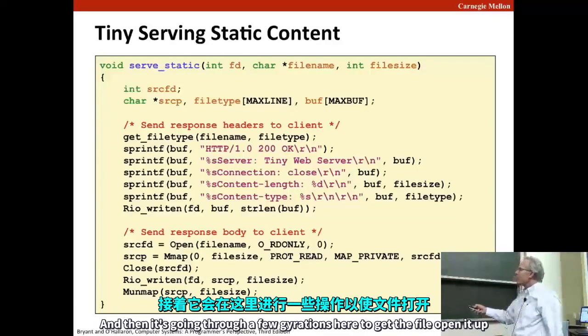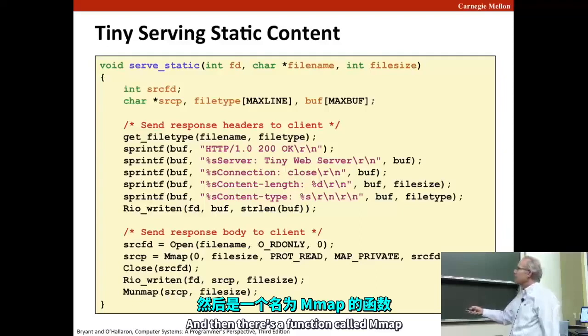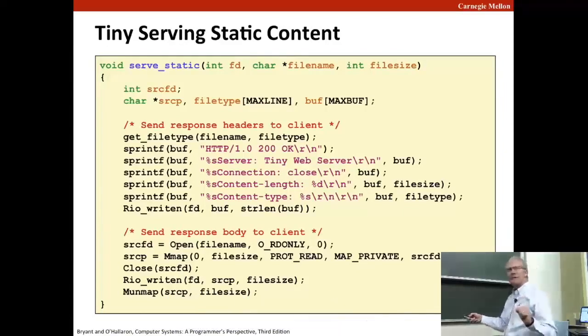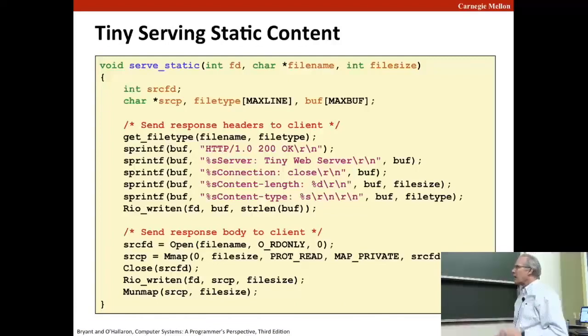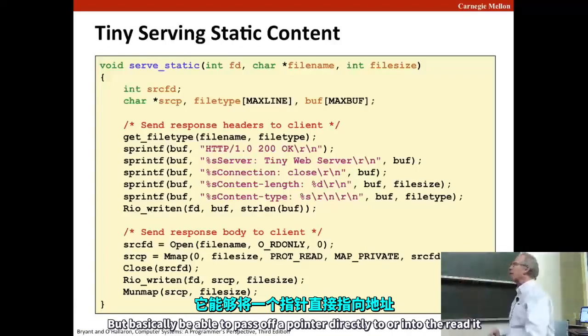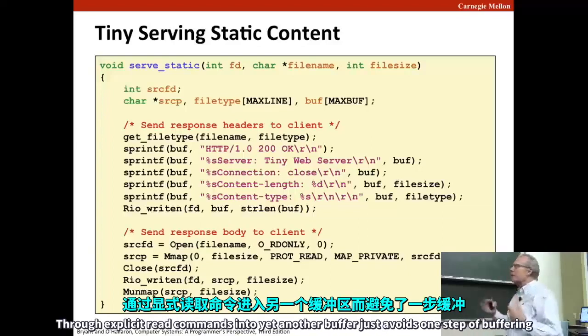And then it's going through a few gyrations here to get the file, open it up, and then there's a function called mmap. Have you guys covered mmap yet? Yeah? Which is just a tricky way to avoid having to actually read the file into the machine, but basically be able to pass off a pointer directly, instead of reading it through explicit read commands into yet another buffer.